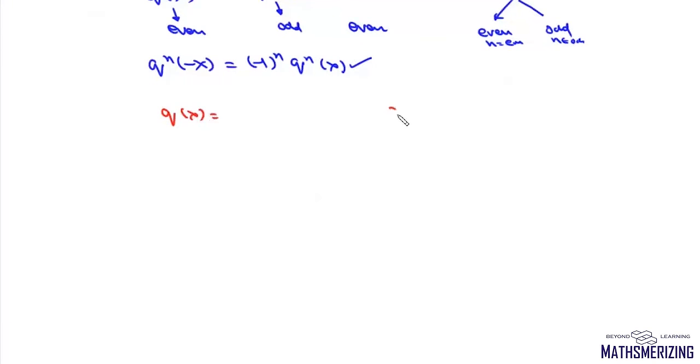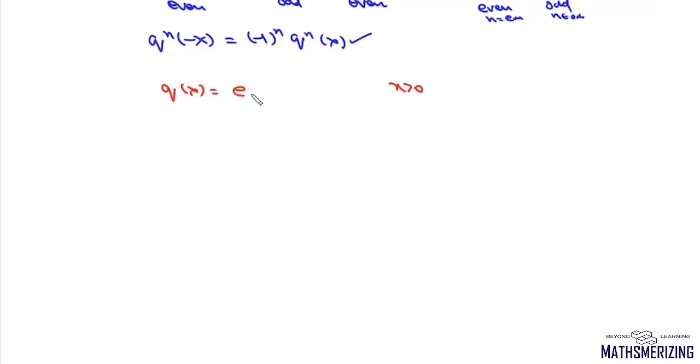Now if we look at this function, which is q(x) when x is greater than 0, it is e to the power minus 1 by x. Now q'(x) will be e to the power minus 1 by x into 1 upon x square.